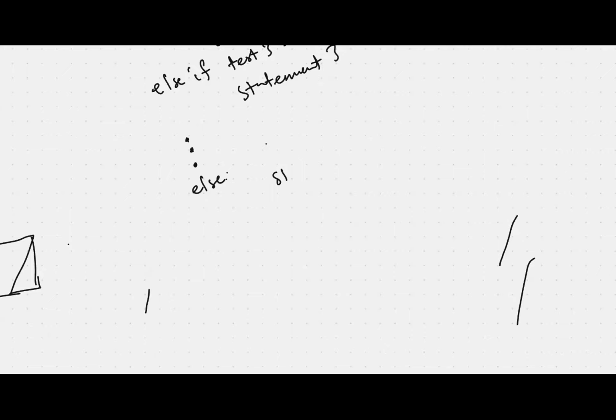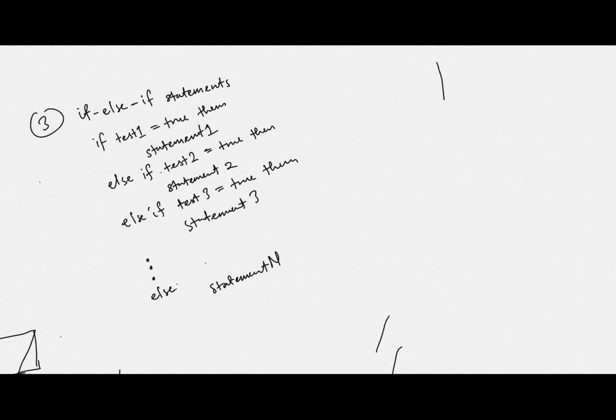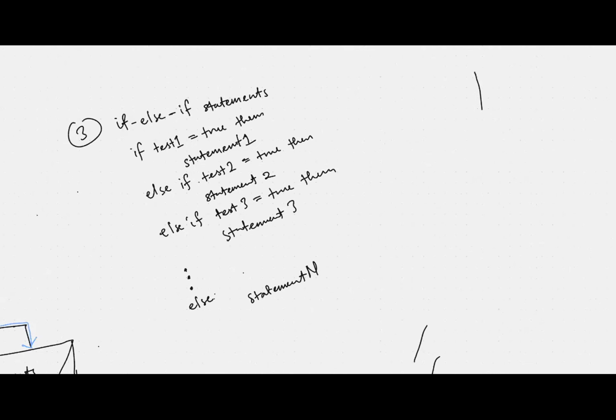So this will be a list of statements showing us what the code should do. Here, let me just box this up, like that. So that is an example of an if-else-if statement.